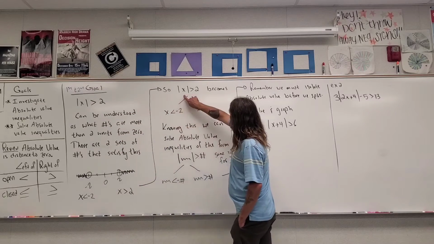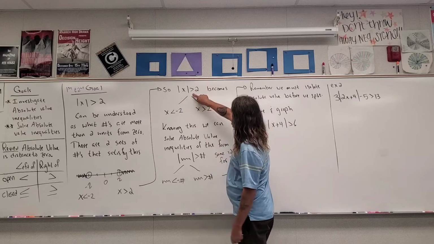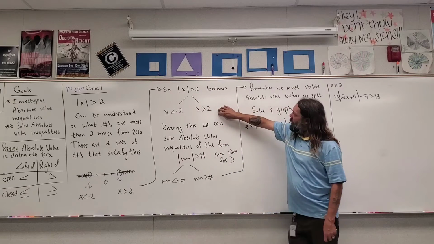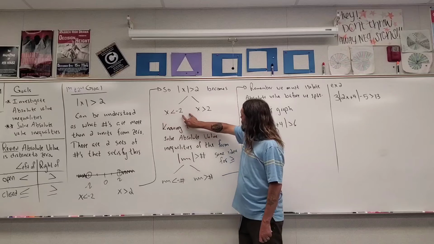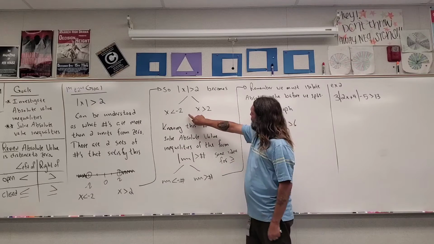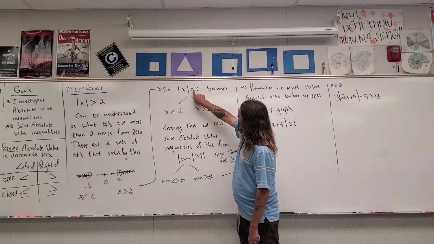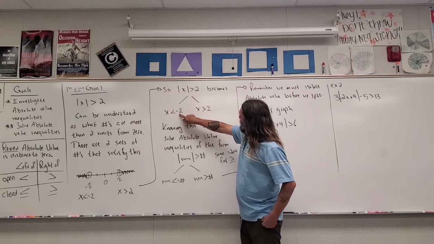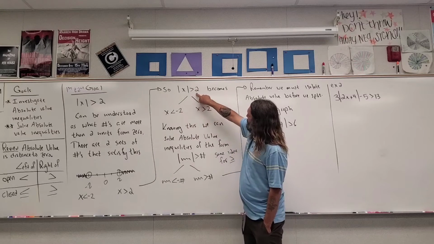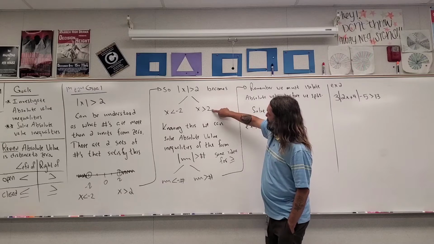Now, what we can do is combine our observational results with the original inequality that we have, and the absolute value of x greater than 2 becomes the two following inequalities. Notice I dropped the absolute value symbol, and on one side the inequality symbol flipped, and it became less than the opposite of the number, and the second one it stayed the same.